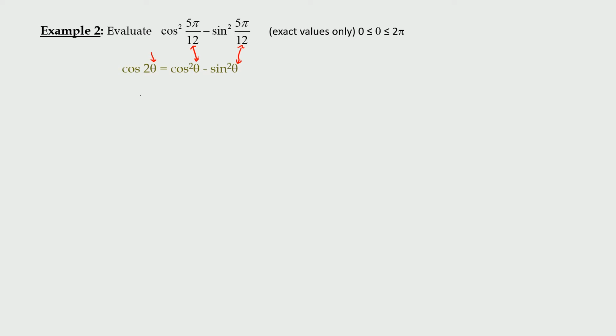The question was cos squared 5 pi over 12 minus sine squared of 5 pi over 12. So that's equal to, so I'm going to take this piece right here, but I'm going to change my theta. That's equal to cos, there's my double angle, but instead of theta, I have to use the same theta that I did in the rest of the question, which is 5 pi over 12.